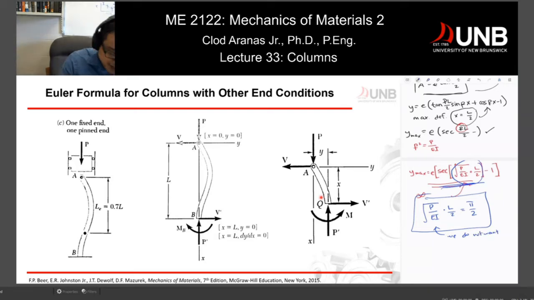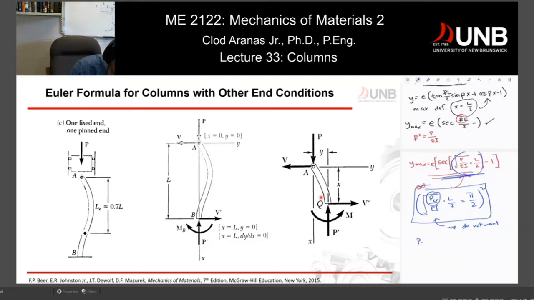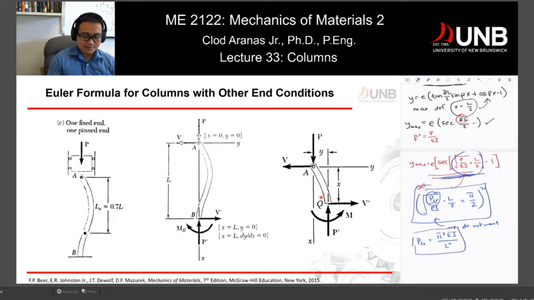Since we do not want this one, we can assume that this P is our PCR. So now, if this is our PCR and you square this particular equation, you will get the following. PCR is equal to pi squared EI divided by L squared. And you can see we just went back to our Euler formula, wherein we have this PCR over here.